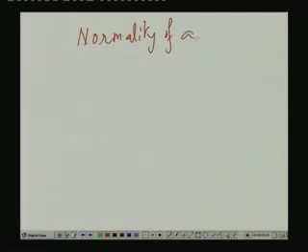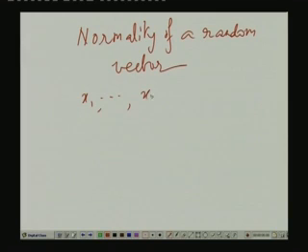We next move to normal vectors, the notion of normality. A set of random variables are given, x1 to xn.